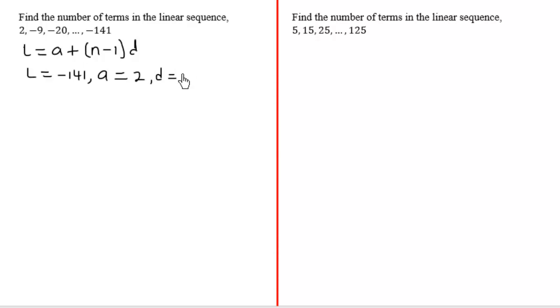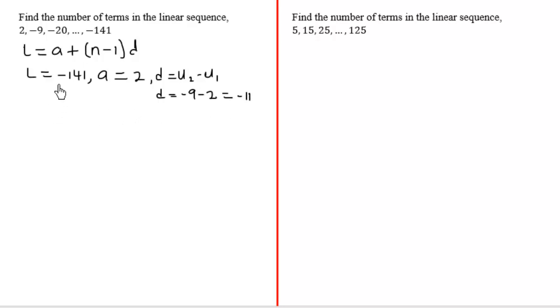So the second term minus the first term. So D is given as -9 minus 2, which is equal to -11.